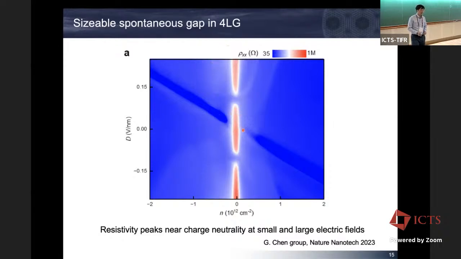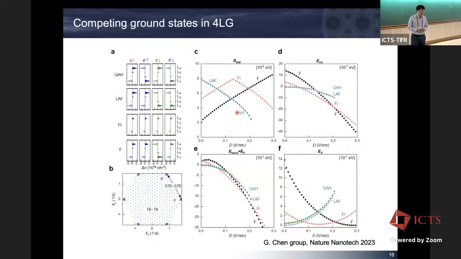Nevertheless, this peak of resistivity near charge neutrality for small electric fields should be attributed to Coulomb correlation effects. And once again, we can do a similar analysis for these 4-layer systems and compare the different ground states depending on the type of pseudospin polarization, and then expect the crossover of all these different competing phases.